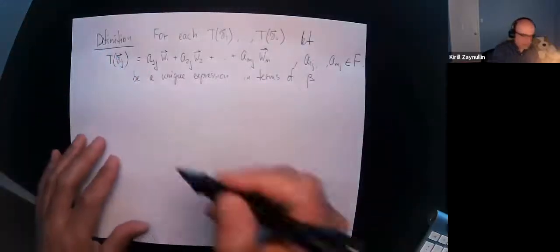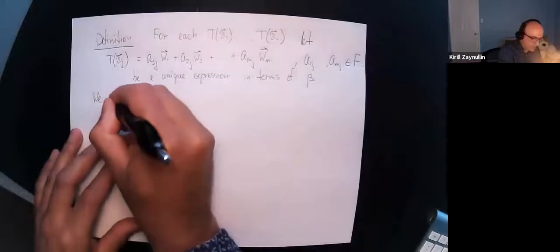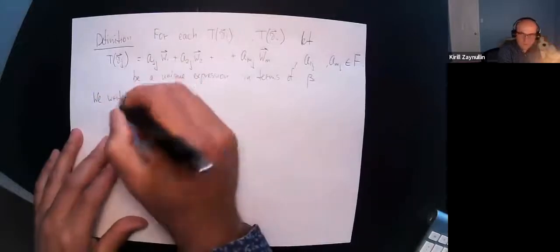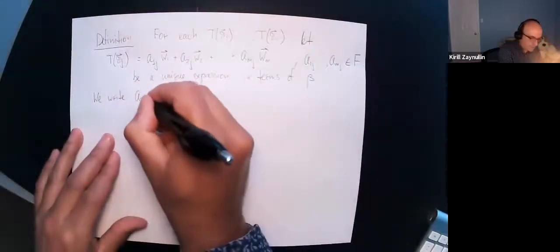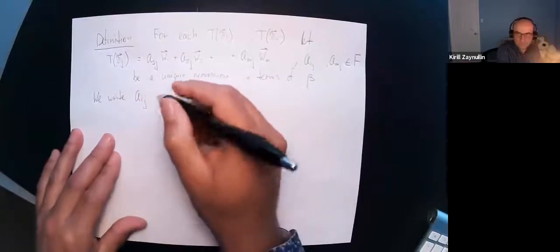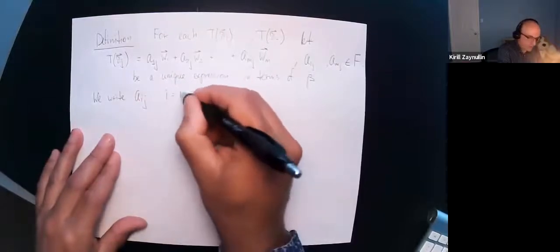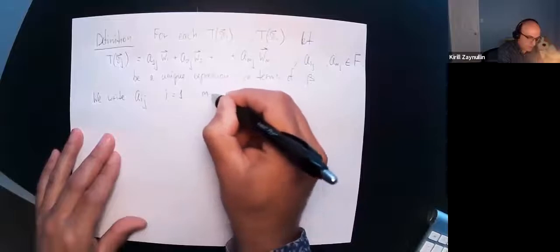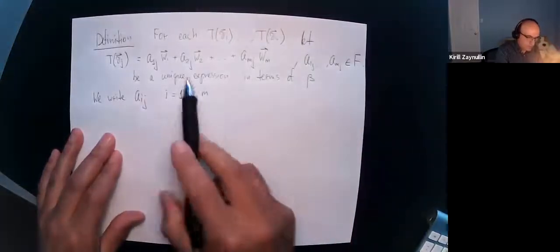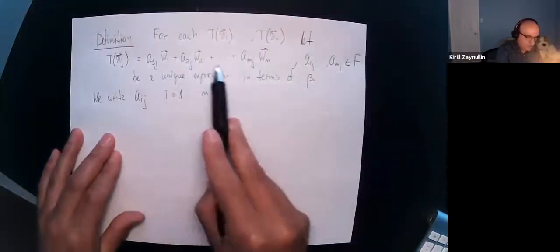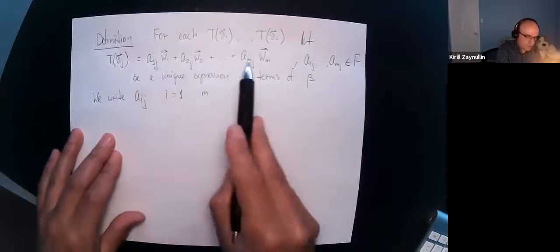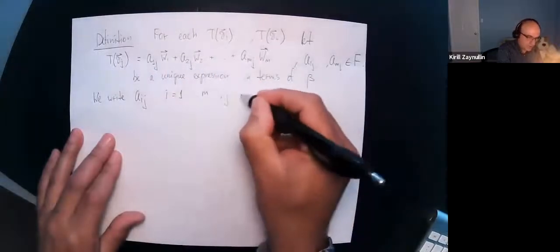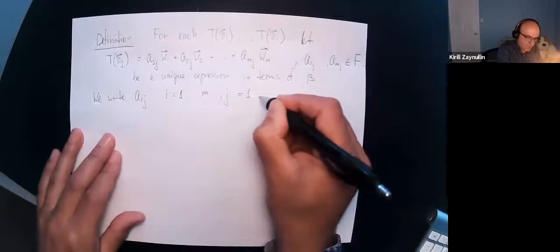So we write aij, where i runs from 1 to m, that's the first index, and the second index j runs from 1 to n.